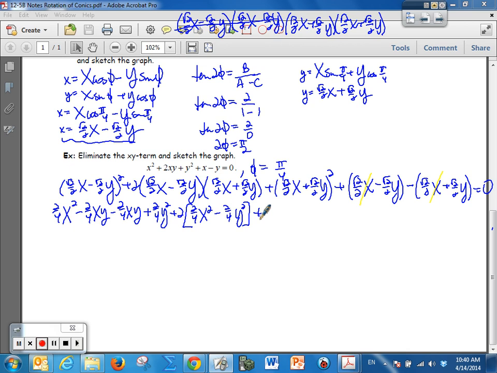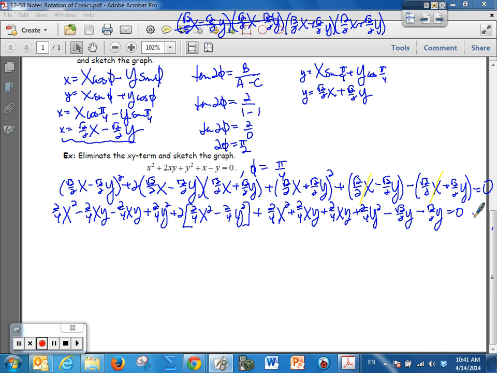So that would give me 2/4 x squared plus 2/4 xy plus 2/4 xy plus 2/4 y squared. And then we have these guys right here: minus root 2 over 2y minus root 2 over 2y.